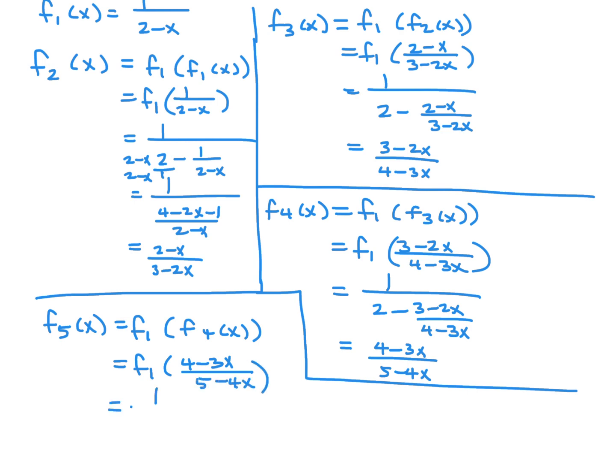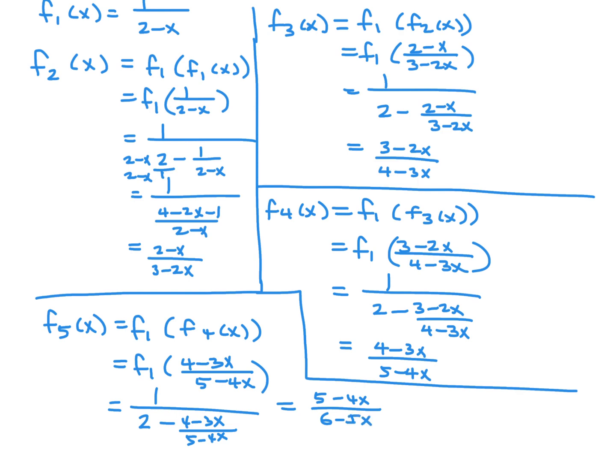So this would be 1 over 2 minus (4 minus 3x over 5 minus 4x). And therefore, when you calculate that, it would be 5 minus 4x. Oops, sorry. 5 minus 4x over 6 minus 5x.